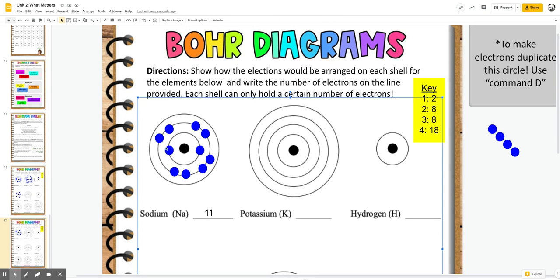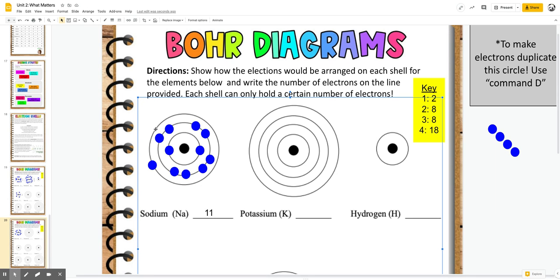So this still is not showing an atom of sodium because I need to show one more electron. But since I filled up this second shell completely with 8 electrons, I'm going to need to move to the third shell, and that is where I'm going to have to put my last electron to show sodium. So we have 1 electron on this last shell.